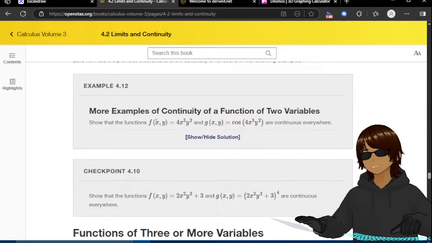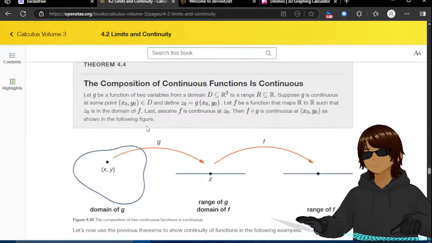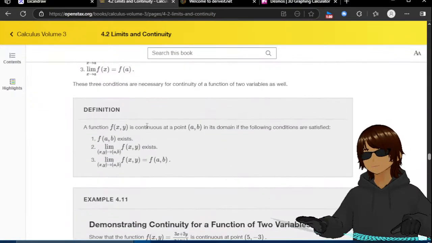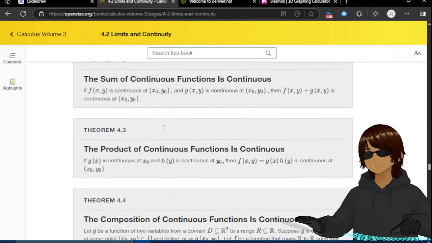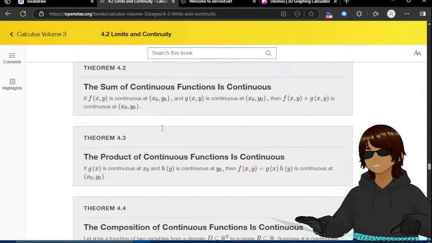So for all x and for all y. So the first condition is met. The second condition, the limit exists, that is met, and so is the third condition.